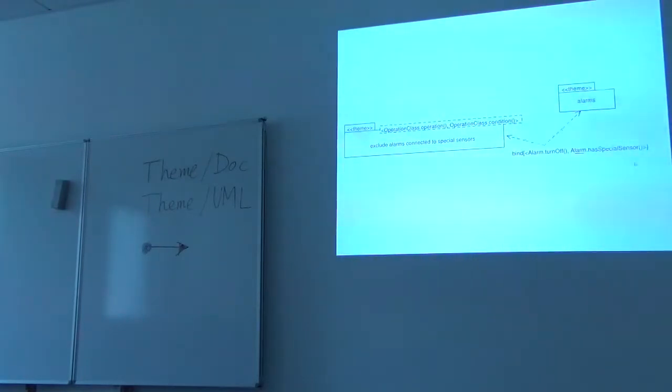We are not going that deep into Theme/UML. And if you would be using this notation, you would probably need to reconstruct it somehow and restate some things and change some things a bit in order to make it work with your favorite modeling tool.